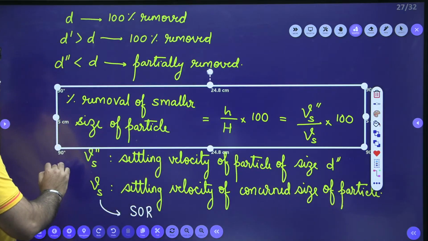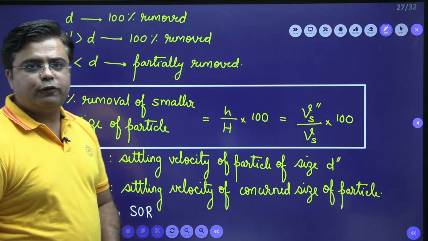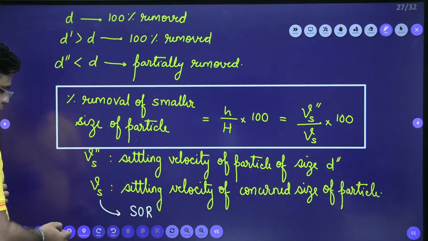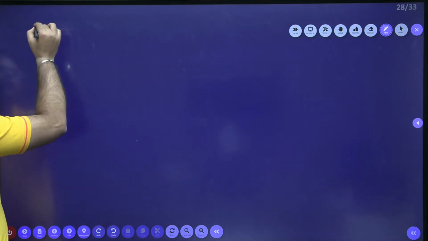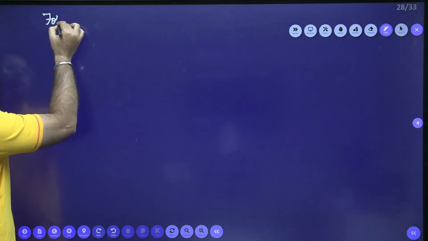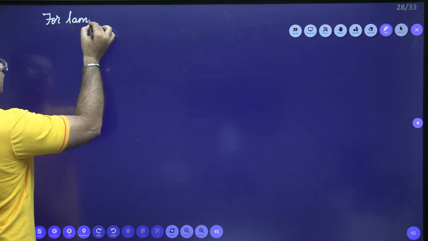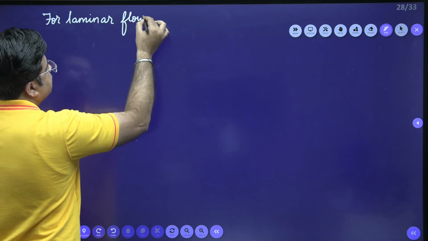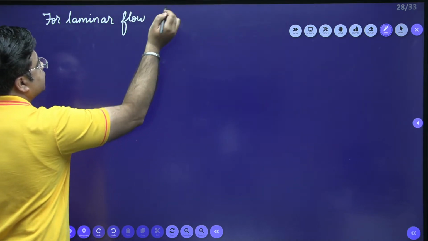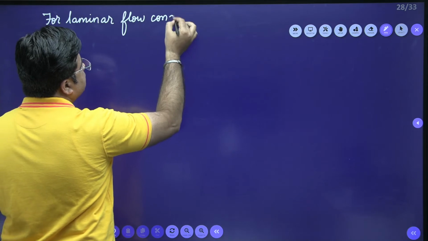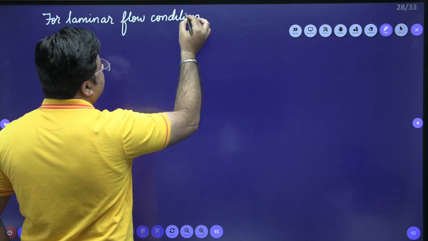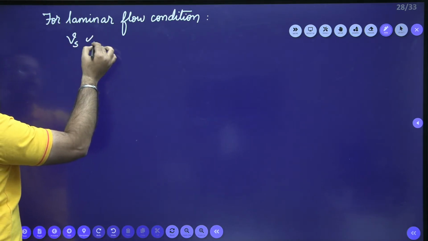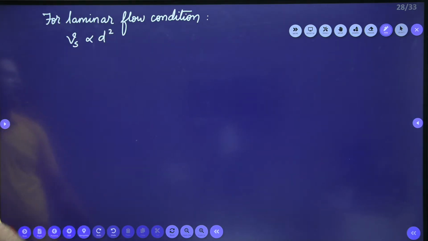This is very important. Now, only if the flow is laminar, the percentage removal can be calculated using one more expression. For laminar flow condition, we have seen that settling velocity is directly proportional to the square of size of the particle.